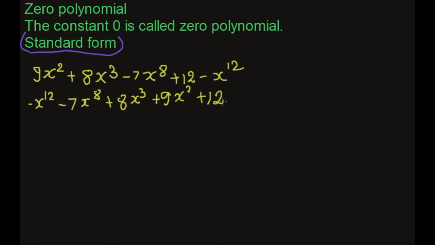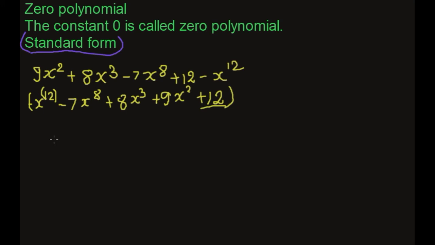Why have we written this polynomial function in this form? Because standard form says that the exponents will be in decreasing order, meaning the highest exponent first, then the second, then in decreasing order, and in last the constant. So that's why we have written the exponent 12 first and then the decreasing order. This is the standard form of a polynomial function.